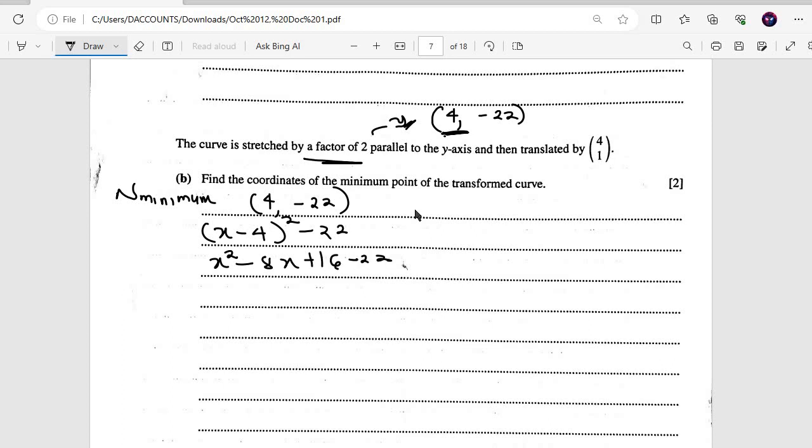If I'm correct, 16 minus 22 is minus 6. So x squared minus 8x minus 6. Let me call it g of x. This is the new equation for stretching it.